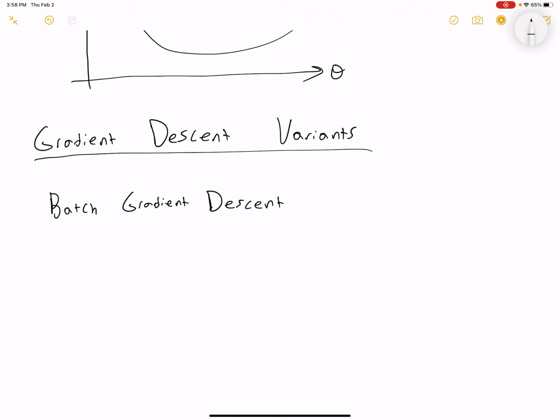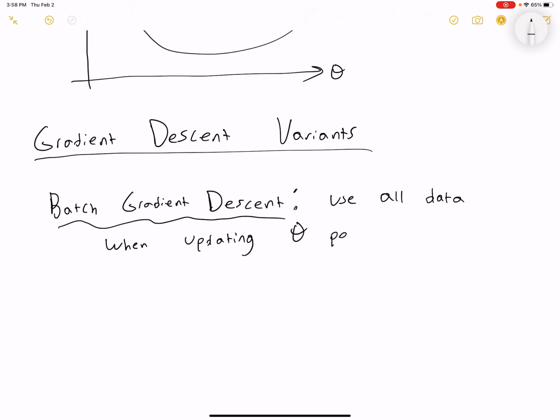It's kind of a lame name, but batch gradient descent means you use all the training data when updating, per iteration.